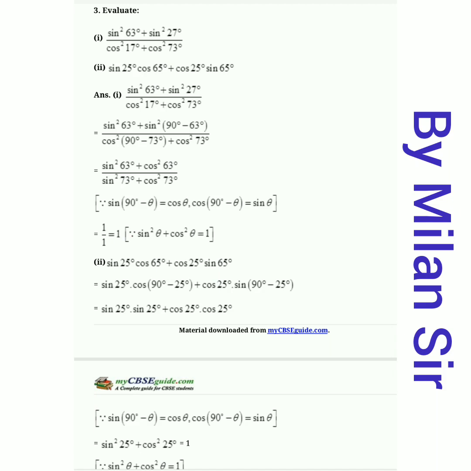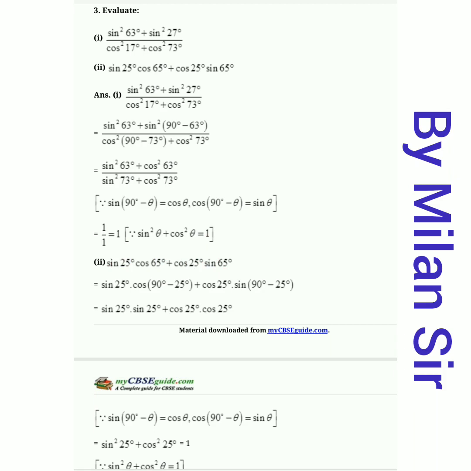Now second question. Sin 25 into cos 65 plus cos 25 into sin 65. Again if we look carefully, then here 25 plus 65 is 90. Here 25 plus 65 again is 90.